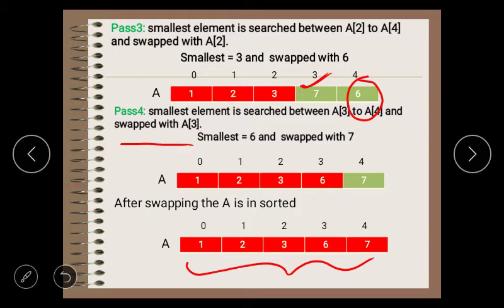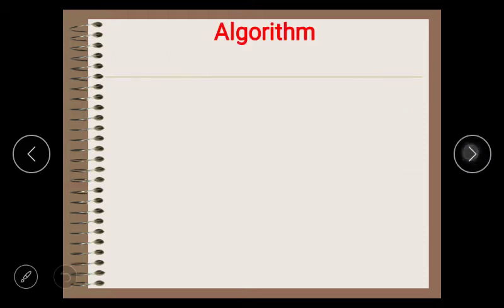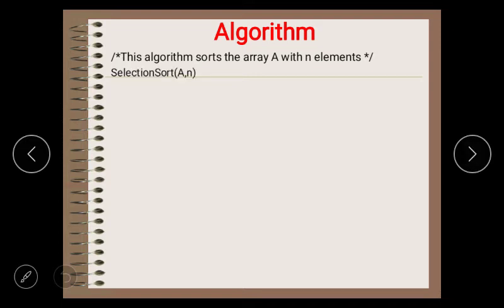Now we will see the algorithm of selection sort. This algorithm sorts the array A with n elements. So the name of the algorithm is selection sort with array A and n elements. Let's begin the algorithm.